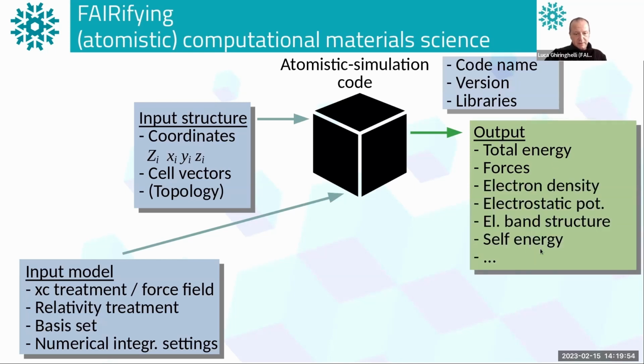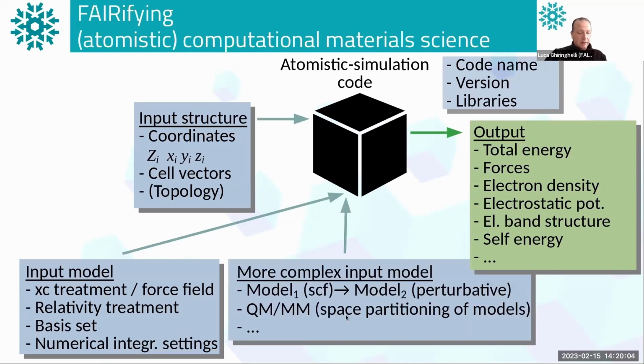Of course, one can have extended output, so the same calculation could have a lot of interesting outputs to be analyzed. And also the input model could be complicated, right? I mean, it could be that one does a self-consistent calculation and then does a perturbation on top of the self-consistent calculation. It could be that one is space partitioning in the physical model itself, so QMMM kind of things.